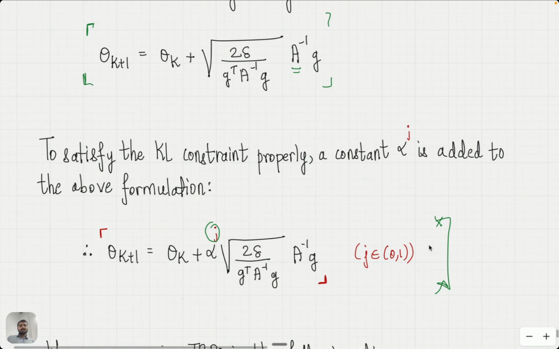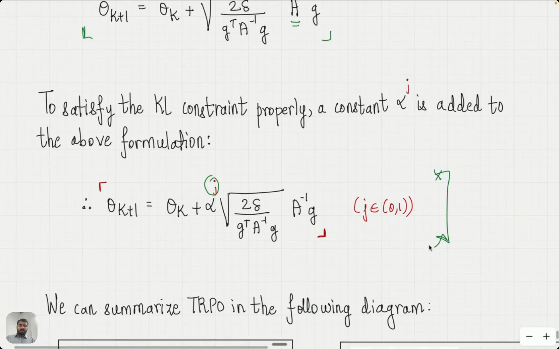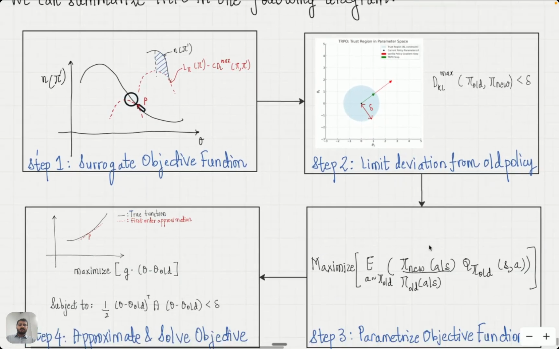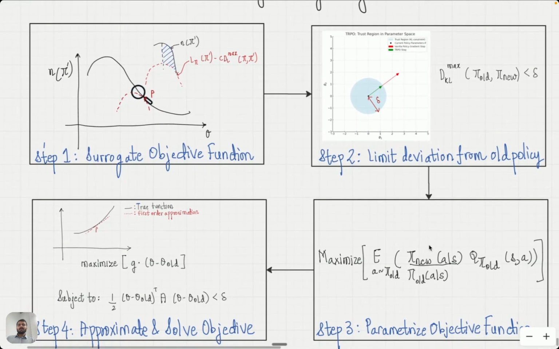One thing you should note is that A inverse here is difficult to calculate, and that's why from TRPO people have gradually moved on to PPO, because PPO does not require us to calculate the inverse of this matrix, which is difficult to calculate. To summarize, TRPO can be summarized into four simple steps.